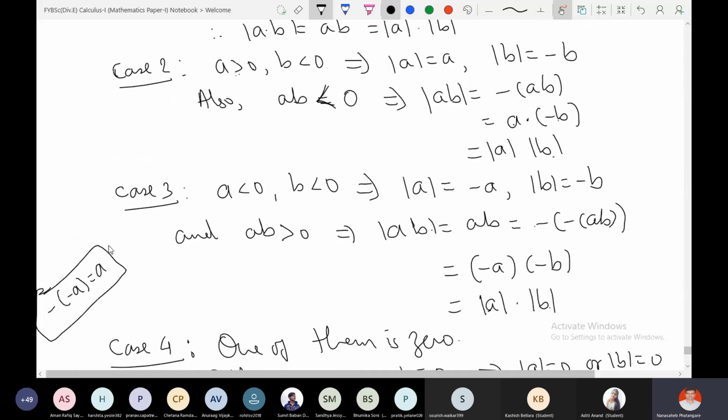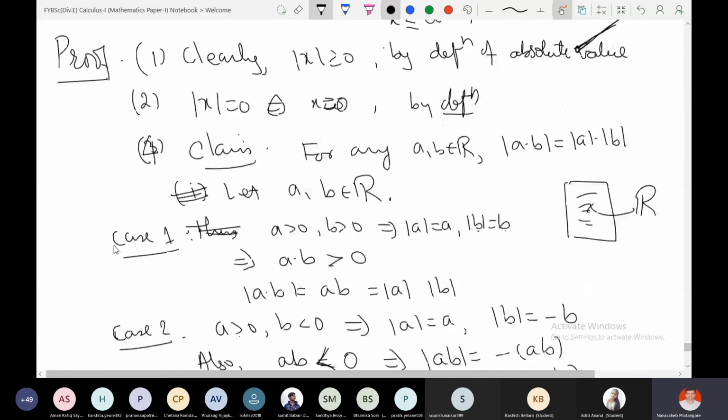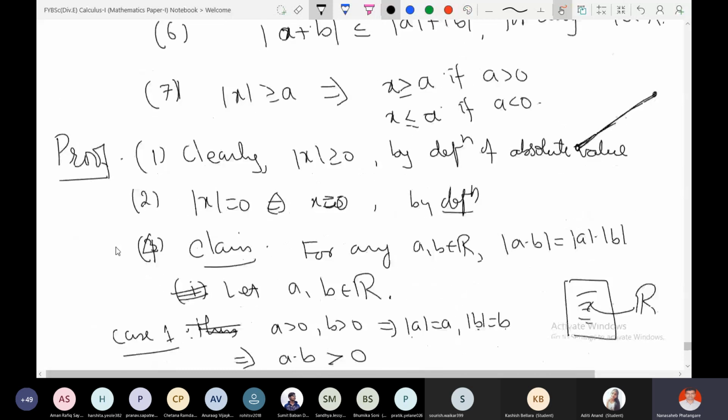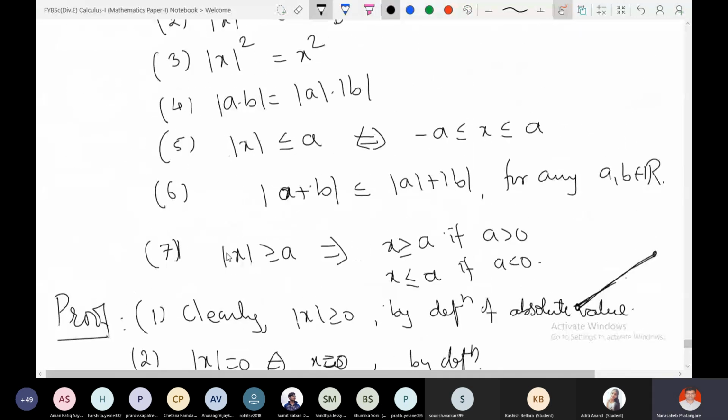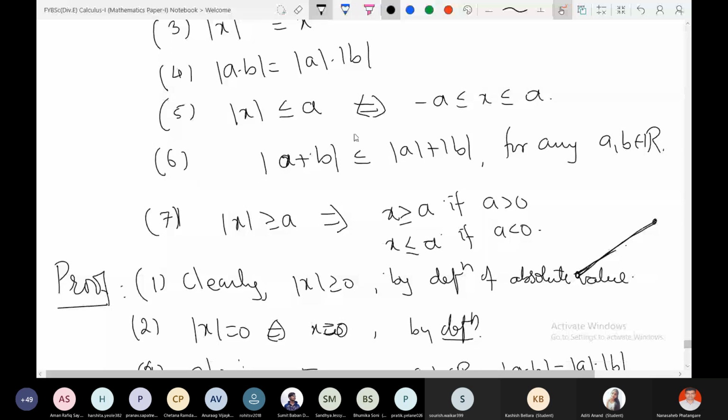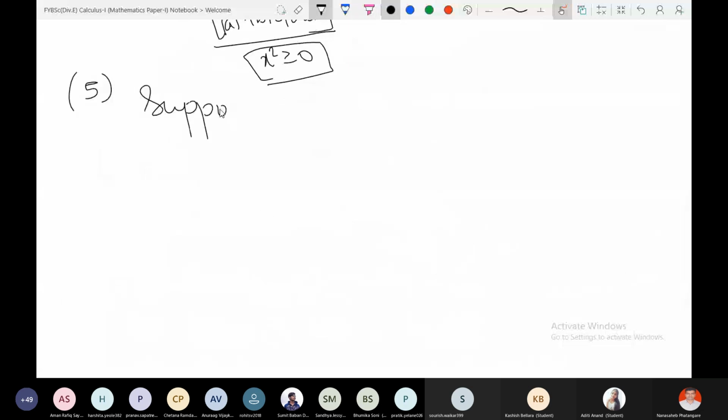Now, the next part: suppose the absolute value of x is less than or equal to a. What is our claim?